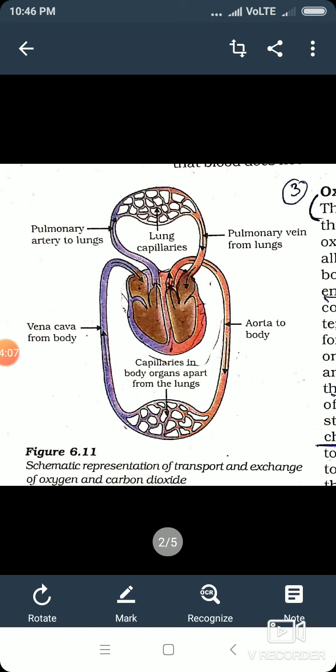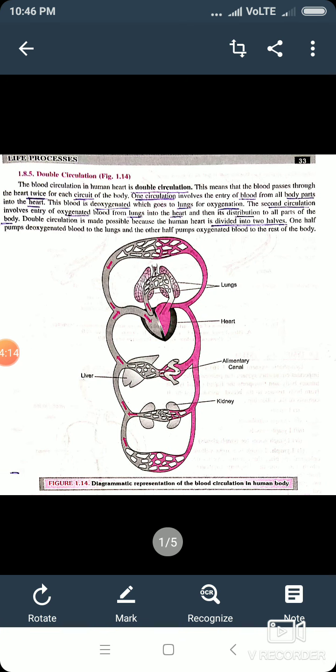So the blood circulation in the human heart is double circulation.